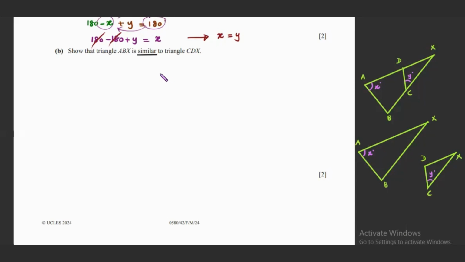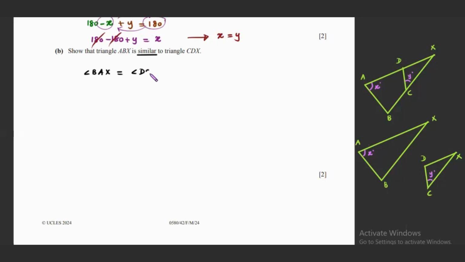Now, this is how I'm going to prove that they are similar. We already know that this angle, which is BAX, so I'll write it here. So angle BAX in the larger triangle, which is ABX, is equal to this angle, which is DCX.